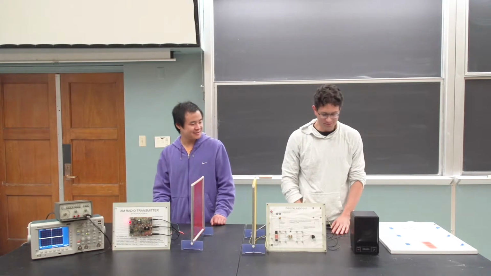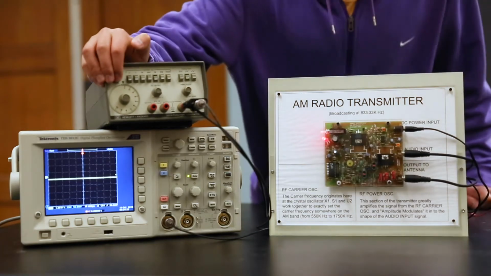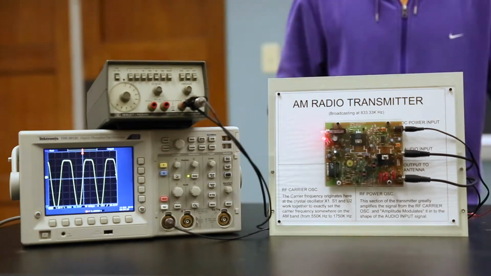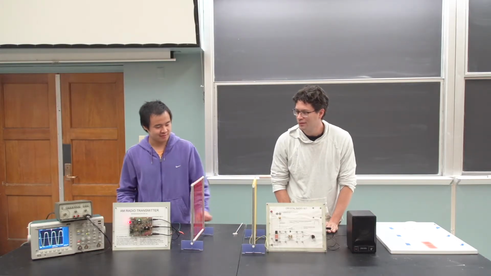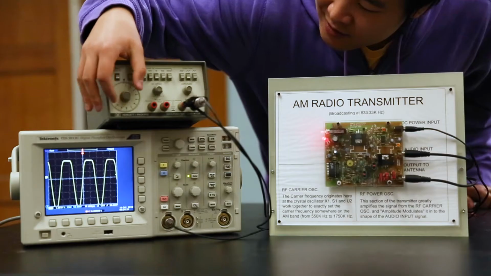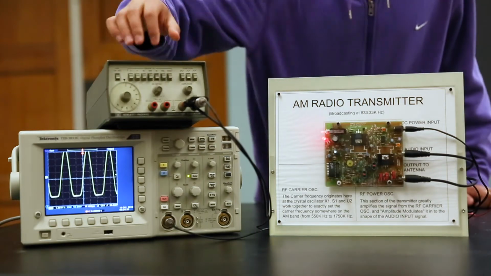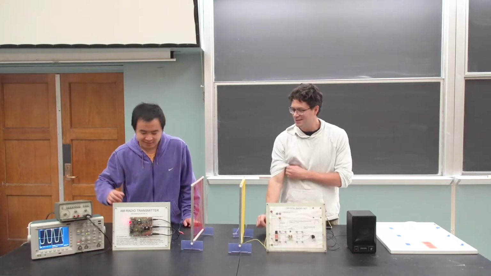Yes. All right, let's play some music. All right. So right now I'm going to turn it to 1 kilohertz. 1 kilohertz. That will be the signal. Okay. Nice. Can you increase the amplitude? Yes. Nice. Can we go to a lower frequency? Yes, we can.